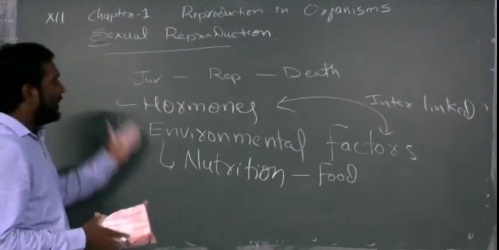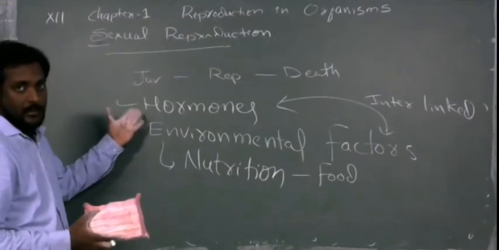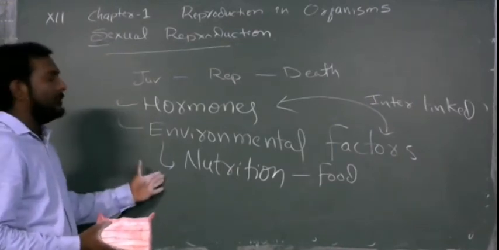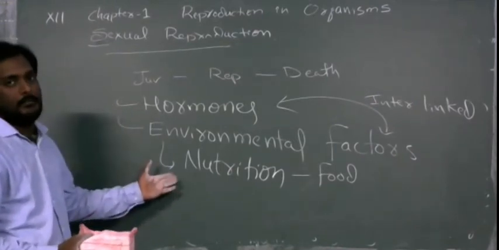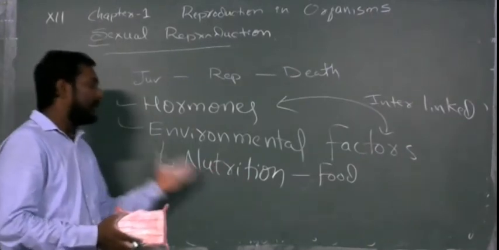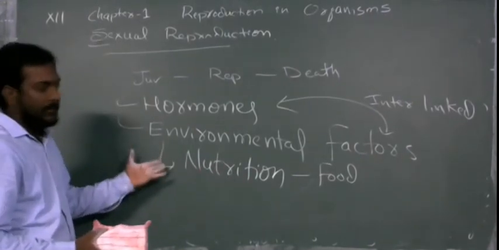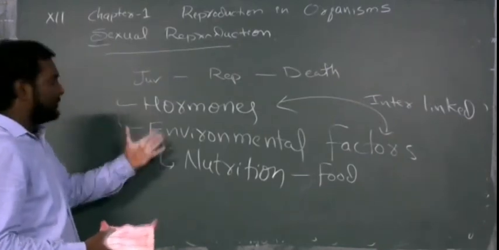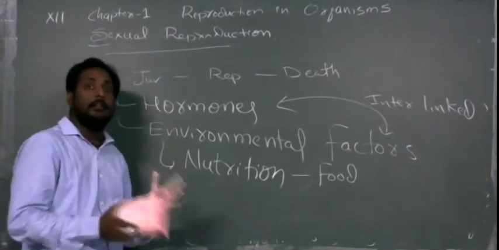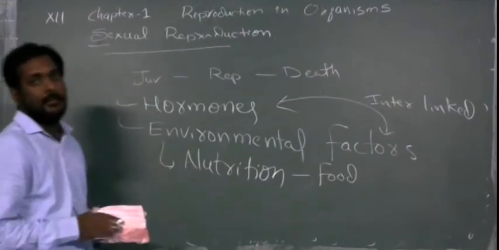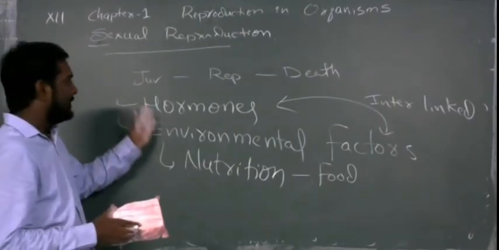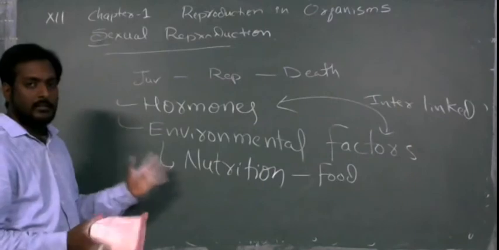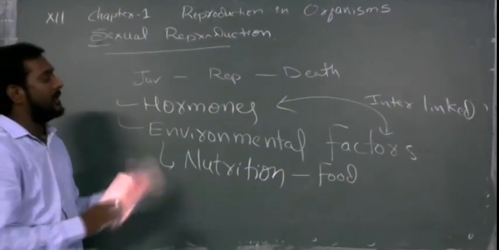That is because of the hormones that are released. How do they release? Depending on the food, the intake of raw materials. By having good food, they get good nutrition and good elements, and those elements are used for hormones. Those hormones also express depending on environmental factors like temperature or area. So all these three and a few more factors are interdependent, they are interlinked.